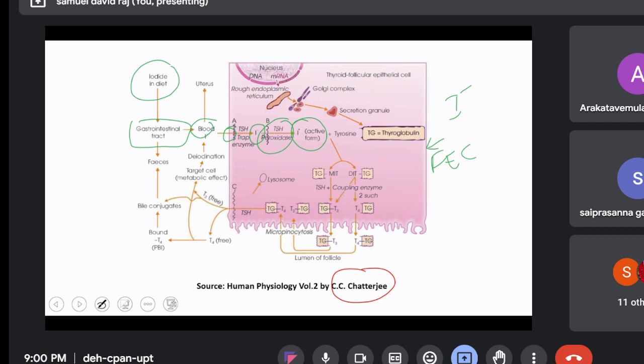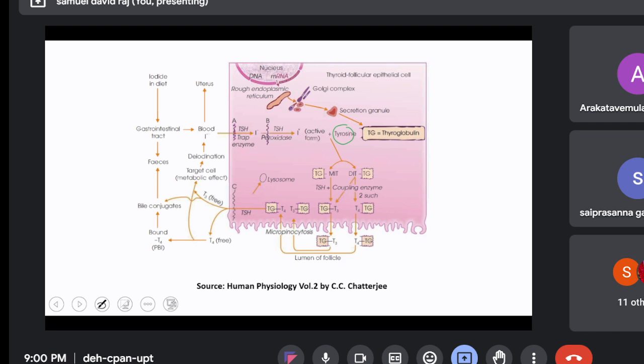This is followed by iodination of tyrosine residues, for which thyroglobulin is required. So what happens in the thyroid follicular epithelial cells? Rough endoplasmic reticulum synthesizes thyroglobulin protein, and this protein in the Golgi complex is added with carbohydrate, and thus through the secretory granule vesicle, thyroglobulin, which is a glycoprotein, is synthesized.